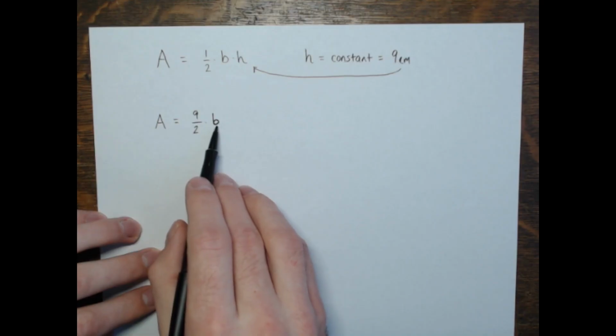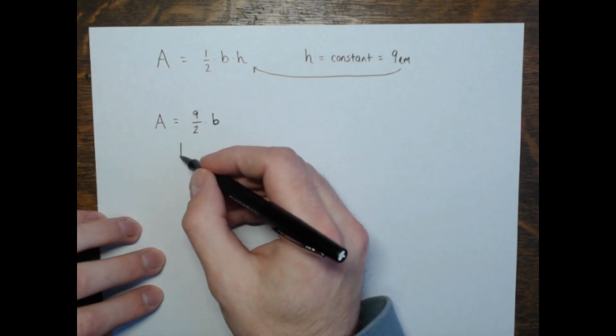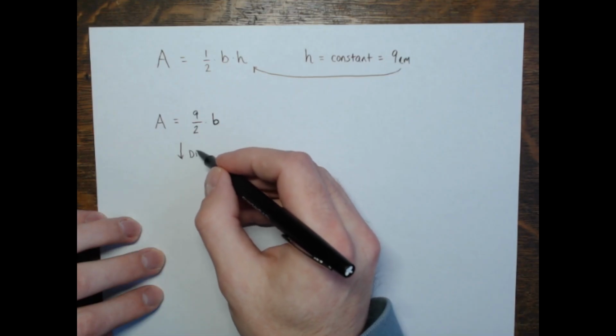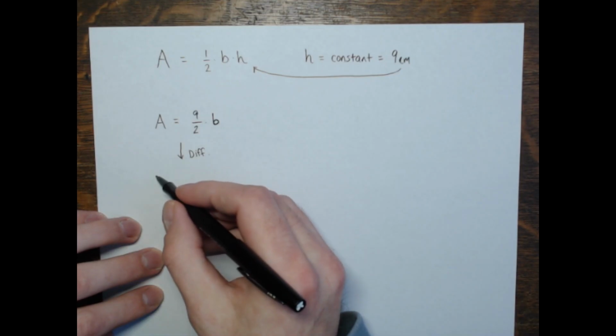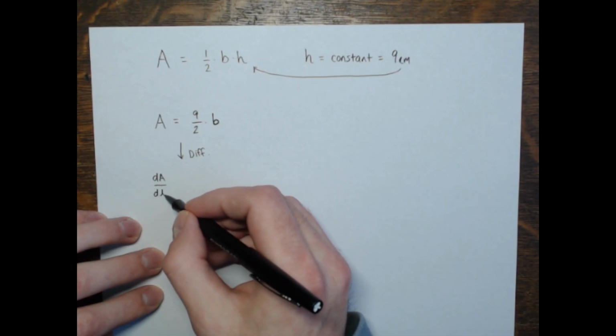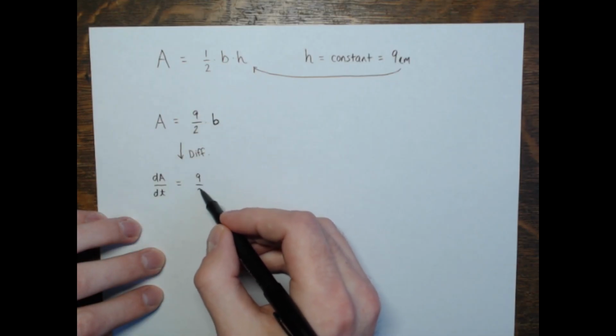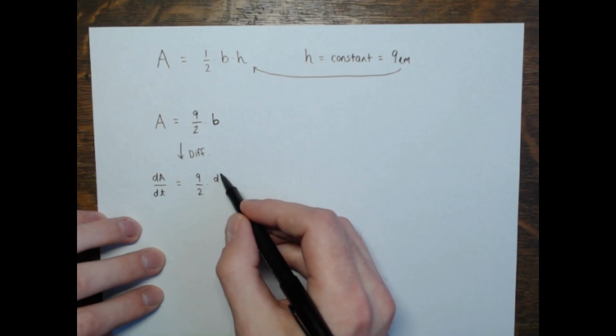They told me the base is decreasing at a rate of 11 centimeters per second, and then they want to know how fast the area will be changing. So now I take this, differentiate with respect to time. So we got dA/dt, or A prime of t, equals simply 9/2 times dB/dt.